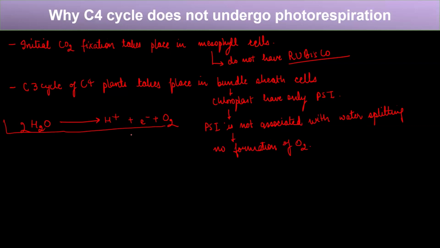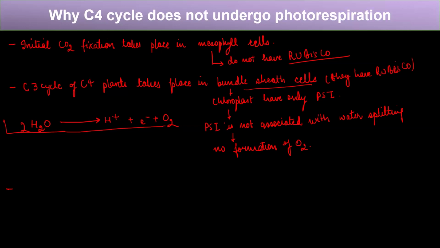So although these bundle sheath cells have Rubisco, because there is no oxygen formation, the Rubisco cannot bind to the oxygen, right? So this is the second case. And the third point is, we know that the cell wall of these bundle sheath cells is thick and impermeable. So the carbon dioxide that gets released in the bundle sheath cells cannot escape, and hence it causes an increase in the concentration of CO2 in the bundle sheath cells.